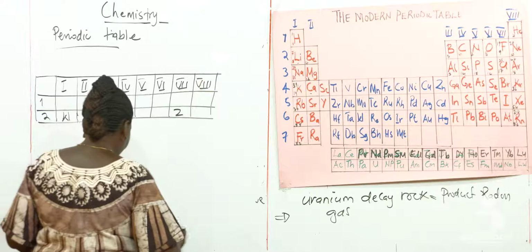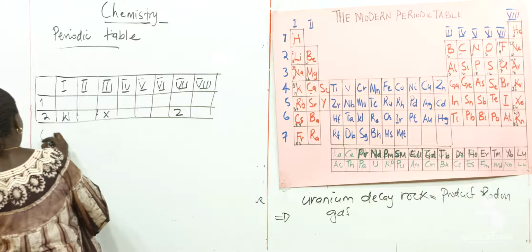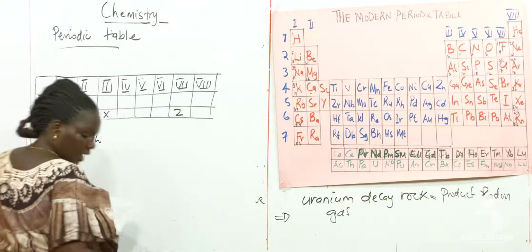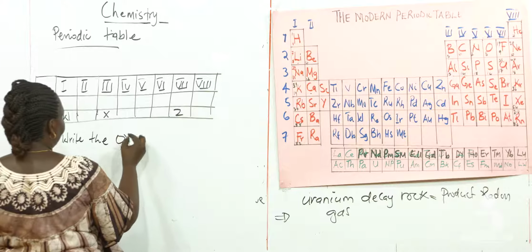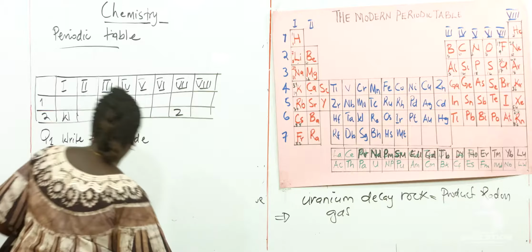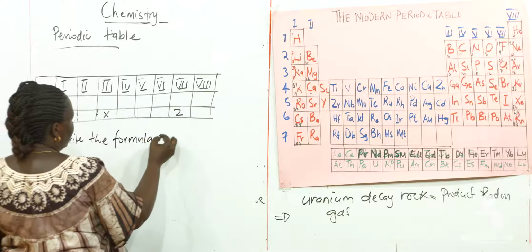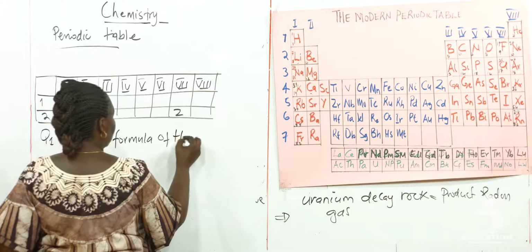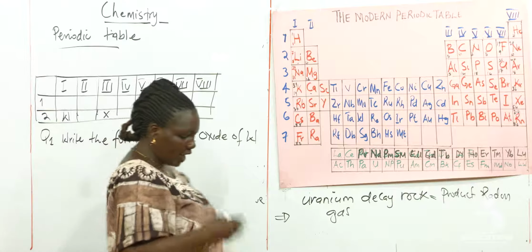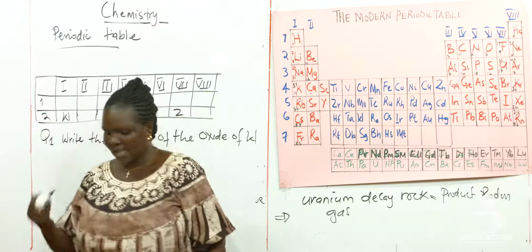So the question comes: write the formula of the oxide of W. Question number 1 is write the formula of the oxide of W. That is, when W reacts with oxygen, it gives us a metal oxide.